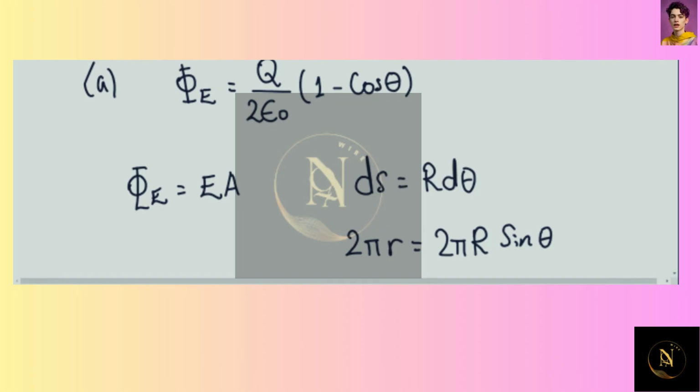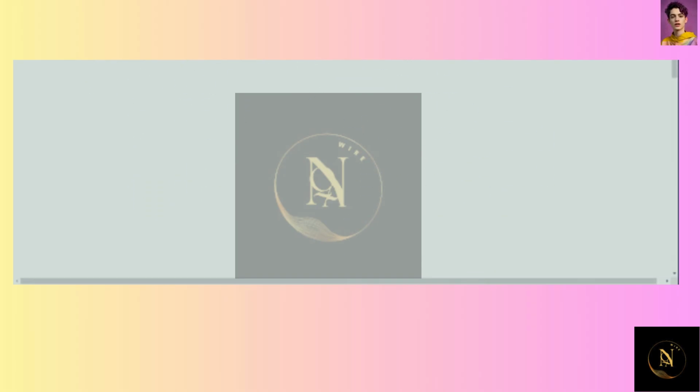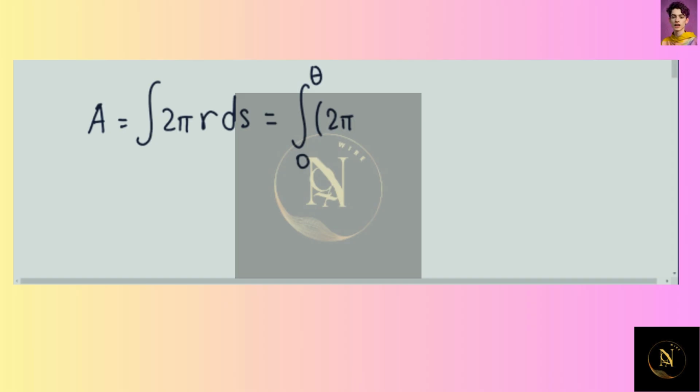So the area of the circular cap, we can obtain through the following integral. The area is the integral of 2 times pi times the radius times the ds. So we substitute the ds in here. We need to integrate from 0 to theta of 2 times pi times the radius, capital R, sine of theta, and this times the ds, which is the radius times the differential in theta.